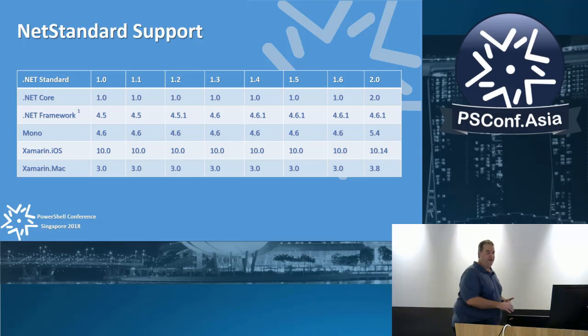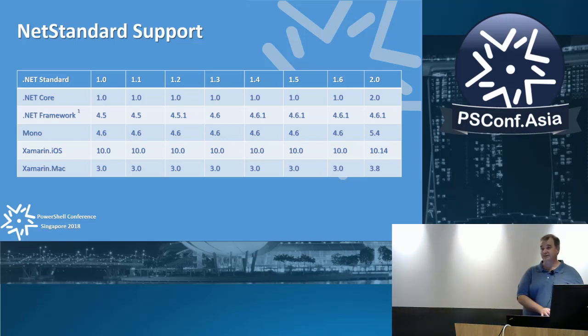The first version of the .NET Framework that really supports .NET Standard 2.0 out of the box is 4.7.2. So if you install 4.7.2 on your machine, you can run a .NET Standard 2.0 DLL. And just to get the point about implementation versus specification, not just .NET Core and .NET Framework, also Mono and Xamarin implement .NET Standard.